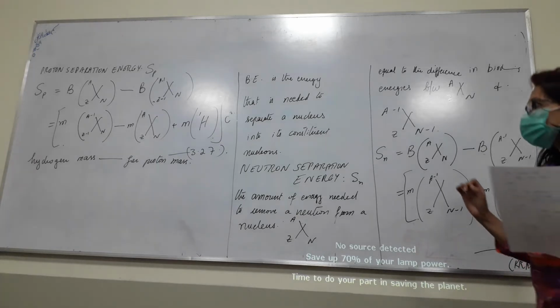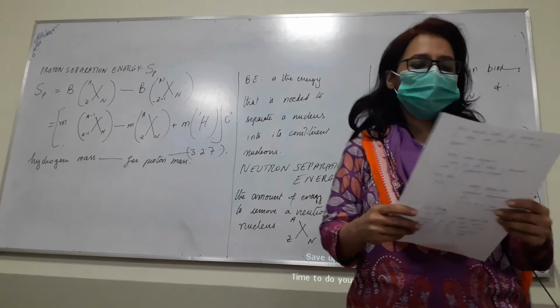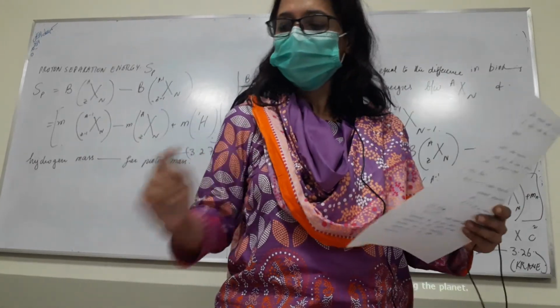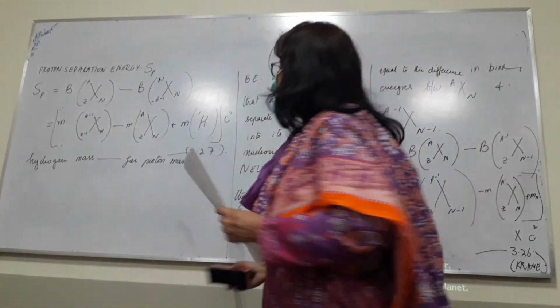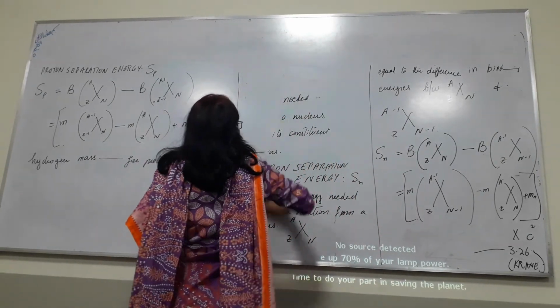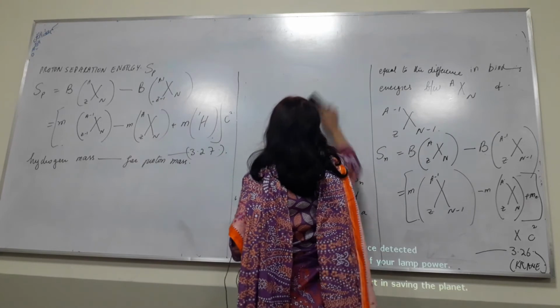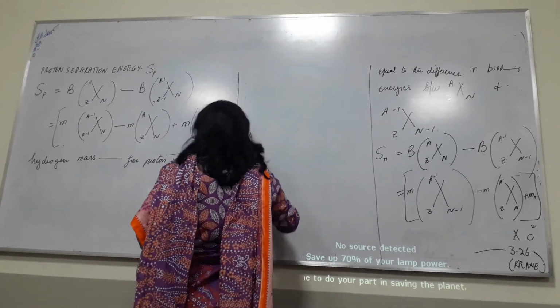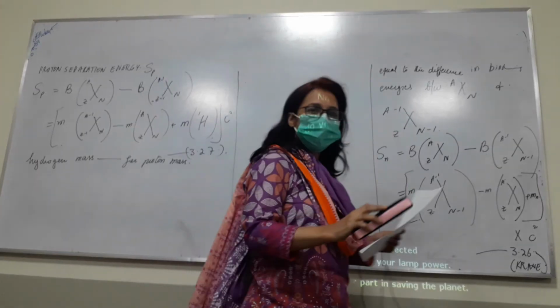You do not have the book with you right now, right? So, maybe I will show you in a while. This is a diagram, a graph that is known as the binding energy curve. I will show you just in a while.